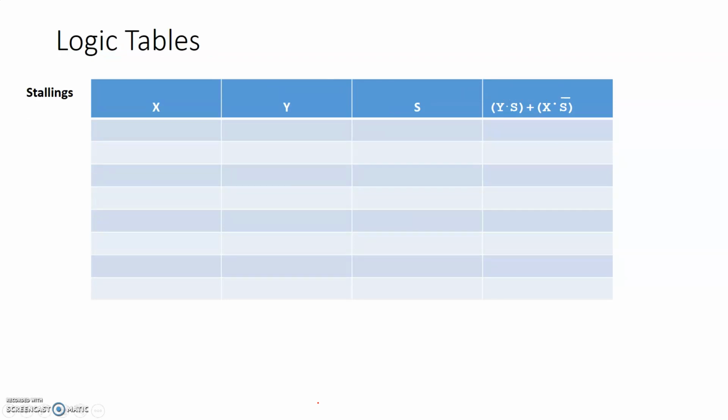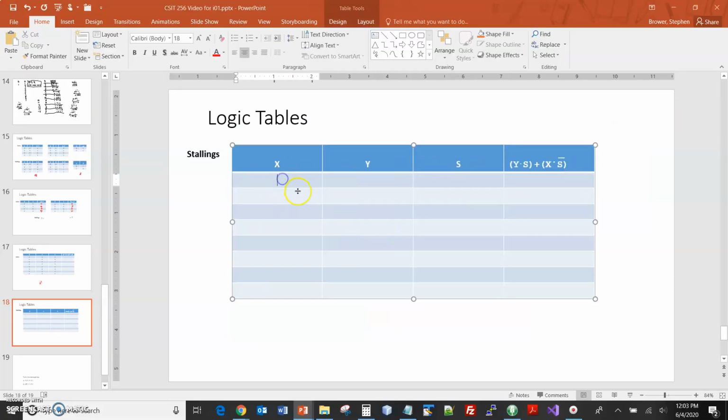If we treat it like a binary number, in other words 0, 0, 0, then if we keep adding 1, we can get to the next row. 0, 0, 1. Now if we add 1, 0, 1, 0. Add 1, 0, 1, 1. Add 1, 1, 0, 0. We add 1, 1, 0, 1. We add 1, 1, 1, 0. We add 1, 1, 1, 1.